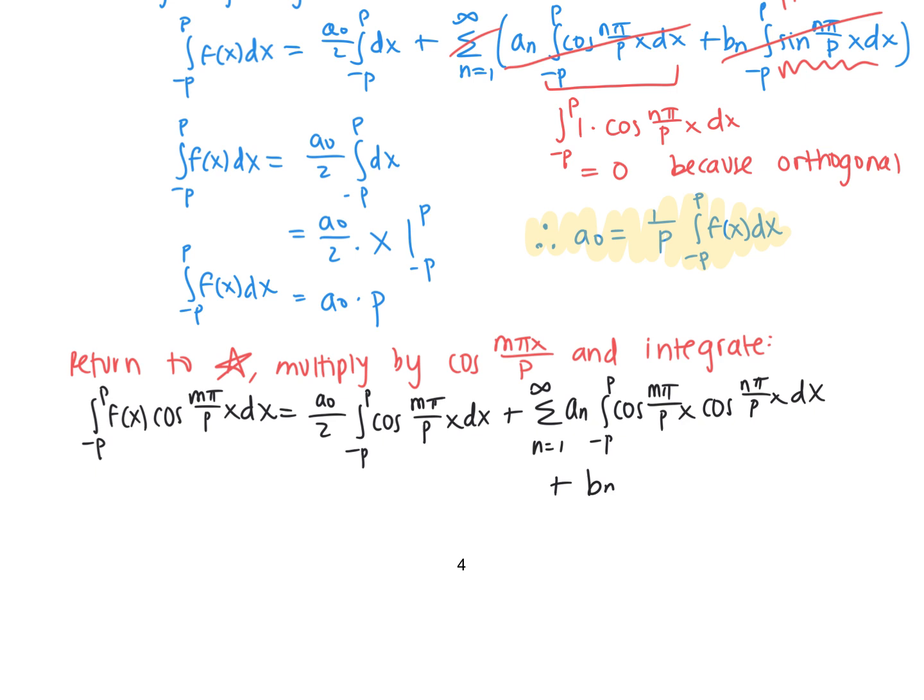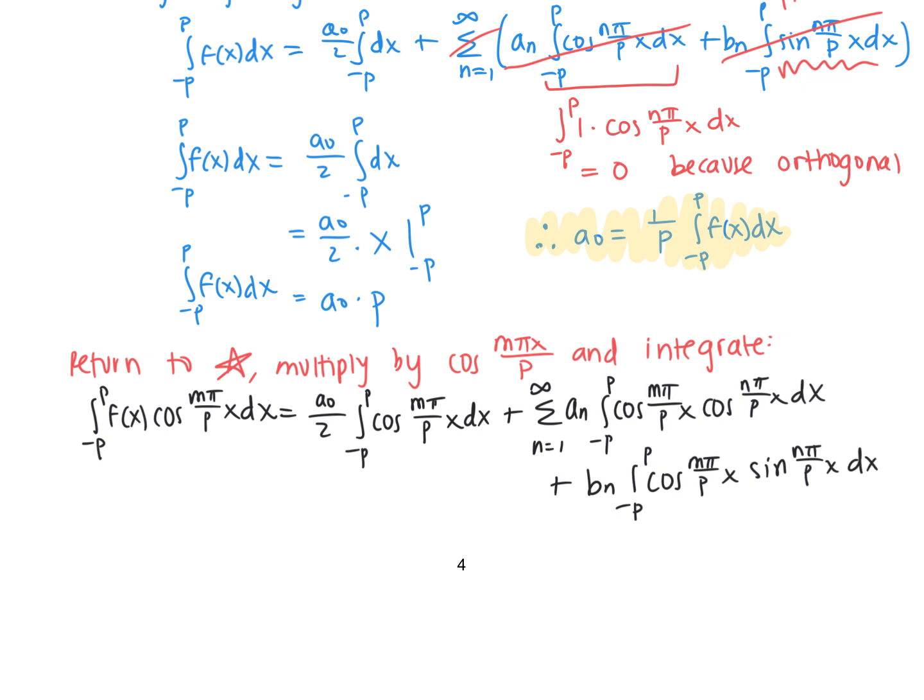We also have that b of n integral from negative p to p of cosine of m pi over p x and sine of n pi over p x dx. And I'm taking the sum of all of that.